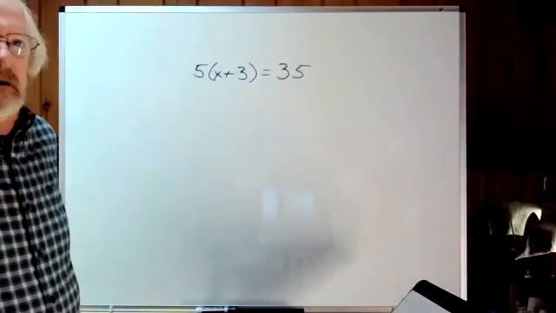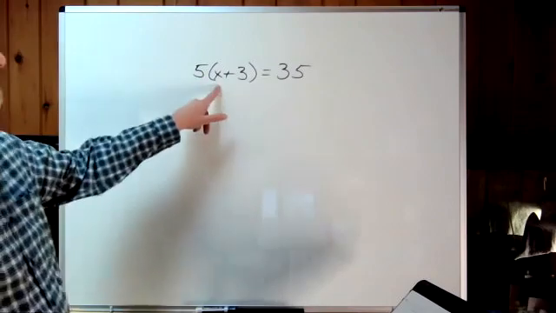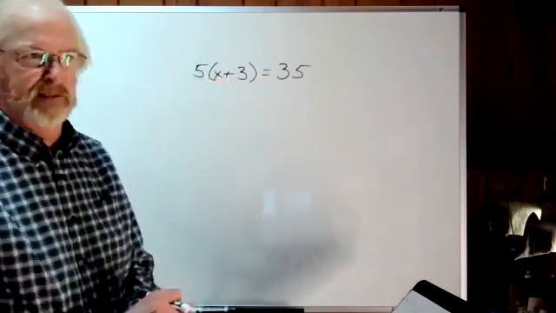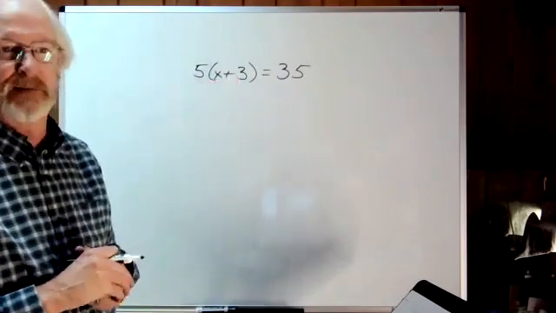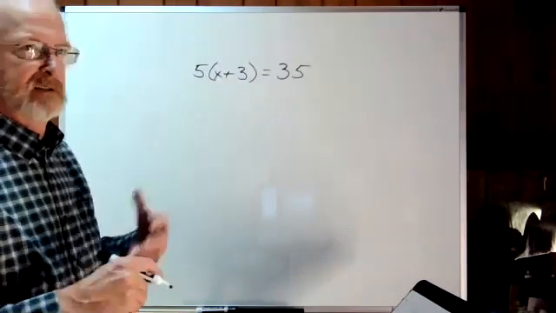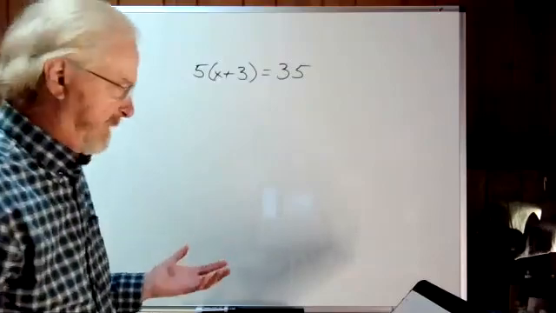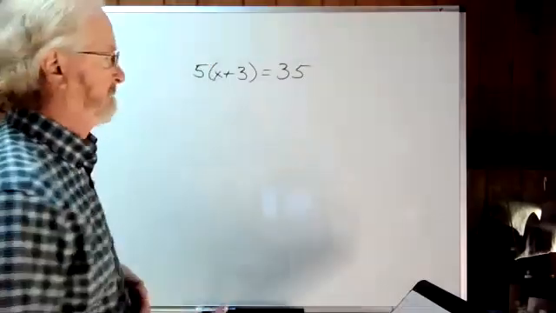Well, what's new here? Oh, I've got parentheses. I've got a grouping. It's got a variable in it. I can't really combine anything. I need to distribute. I need to use my distributive property to unlock what's inside the parentheses. So in 2.4, we're going to continue doing everything we've been doing, but the first step is always simplify both sides as much as possible.